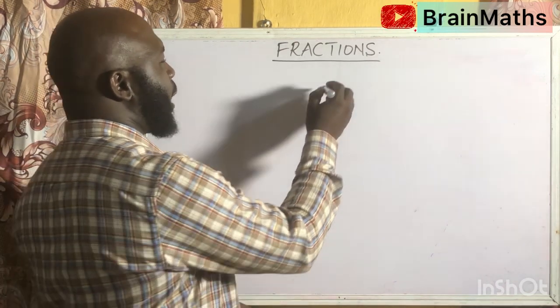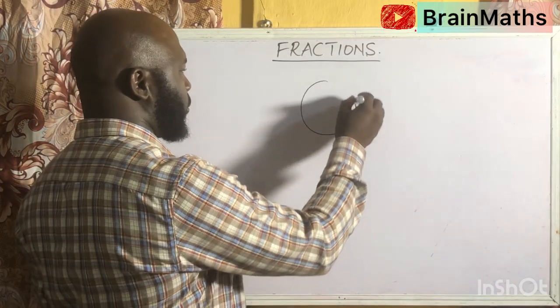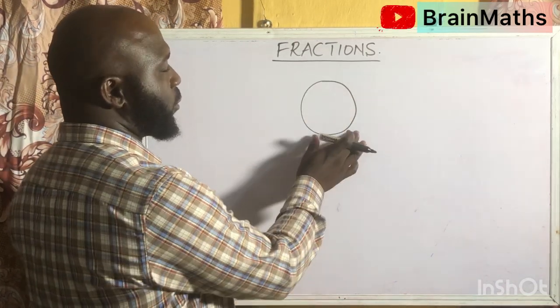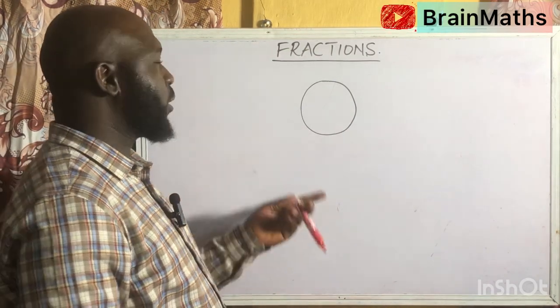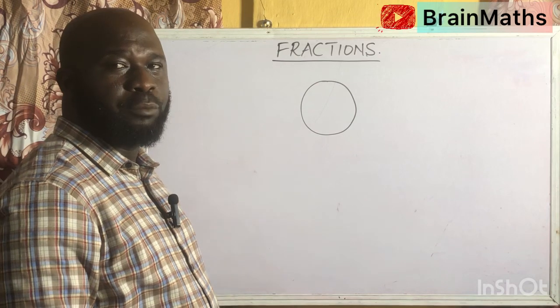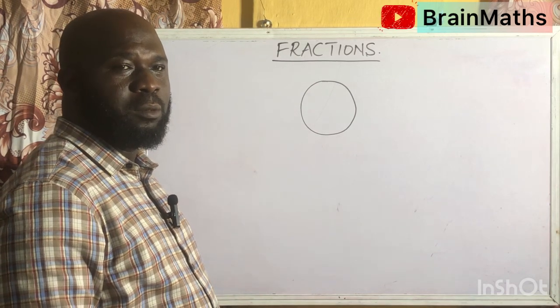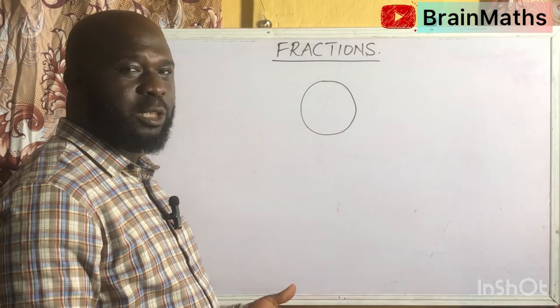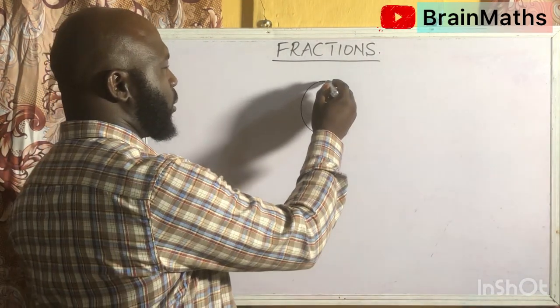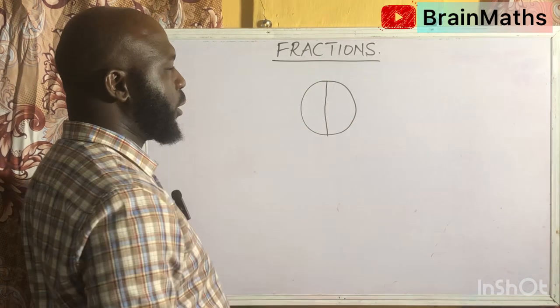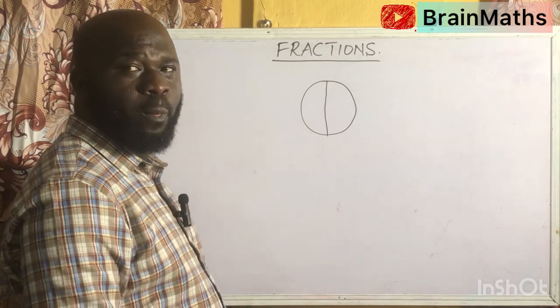If you are given an orange, this is one whole orange. But if this orange is to be shared between two people, for instance, we are going to need to divide this orange into two.